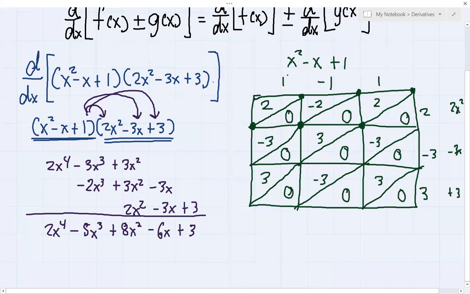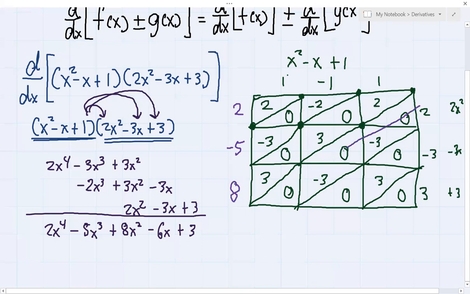So, let's try. The 2 is alone, so we have 2. Next, we add along this pattern: negative 3 plus 0 minus 2, we have negative 5. Next, here: 3 plus 0 plus 3 plus 0 plus 2, that becomes 8.